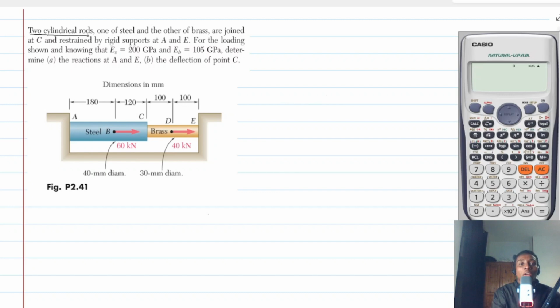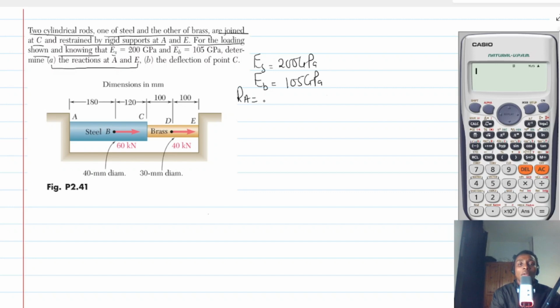Alright, so we have two cylindrical rods, one of steel and the other of brass, joined at C and restrained by rigid supports at A and E. Now for the loading shown and knowing that E_S for steel is 200 gigapascal, and for brass E_B is 105 gigapascal, our task is to determine the reactions at A and E, so R_A and R_E.